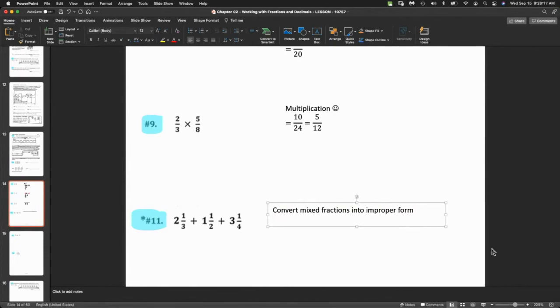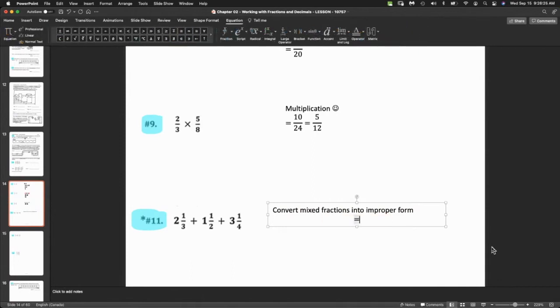The way that I do it is a little bit different than what you might see in a textbook. So in the first case, we have 7 over 3. In the second case, we have 3 over 3. In the last case, we have 3 over 2. Thank you for those numbers, Matthew.